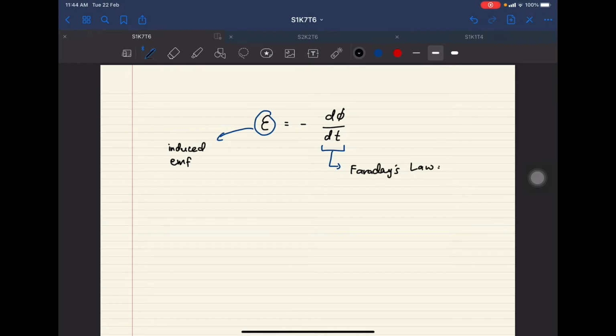Basically, Faraday said that the induced EMF is directly proportional to the rate of change of magnetic flux. So I can write this as EMF is directly proportional to dphi over dt. Dphi here is the change of flux.